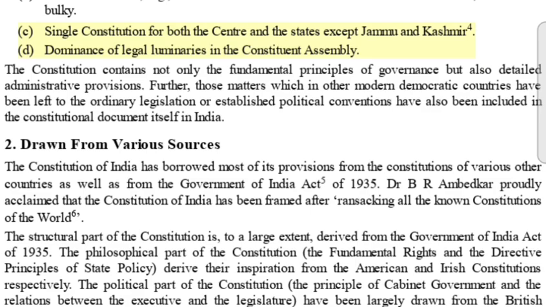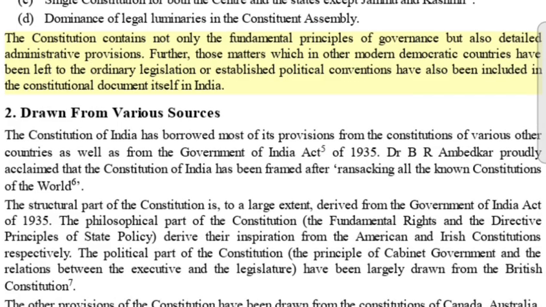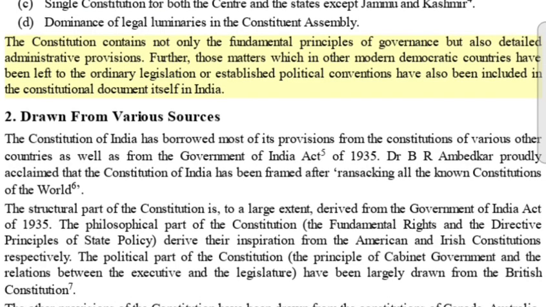D. Dominance of legal luminaries in the Constituent Assembly. The Constitution contains not only the fundamental principles of governance but also detailed administrative provisions. Further, those matters which in other modern democratic countries have been left to ordinary legislation or established political conventions have also been included in the constitutional document itself in India.